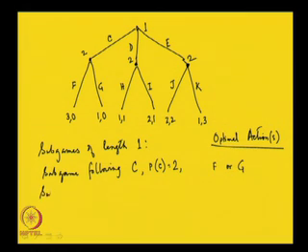Then I have the subgame following D, P(D) is equal to 2, and what are the optimal actions?